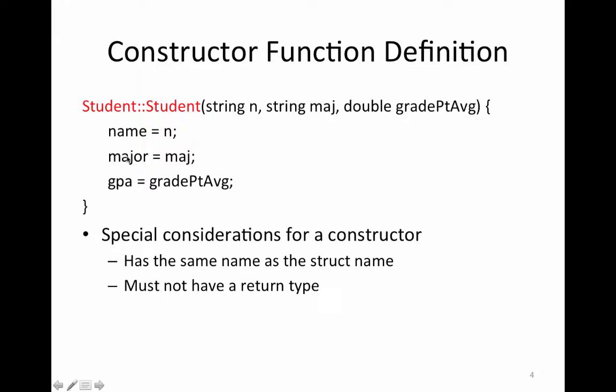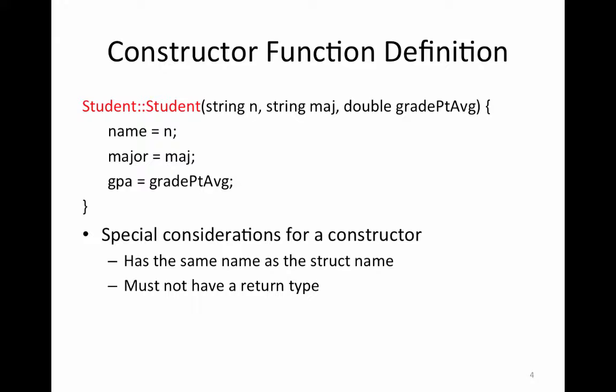Okay? And then inside the constructor body, you just do your initialization. So name, major, and GPA are all variables declared in the struct. So notice I don't have any declarations for name, major, and GPA in the constructor, right? That's kind of odd. We haven't done that up to now. Up till now, inside a function, if you used a variable, it had to be declared either as a parameter or as a local variable. This is different.